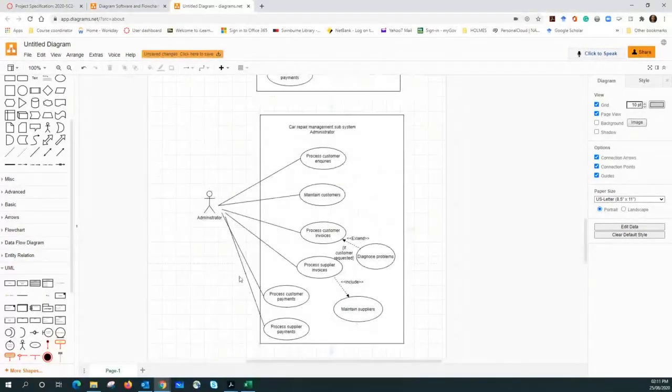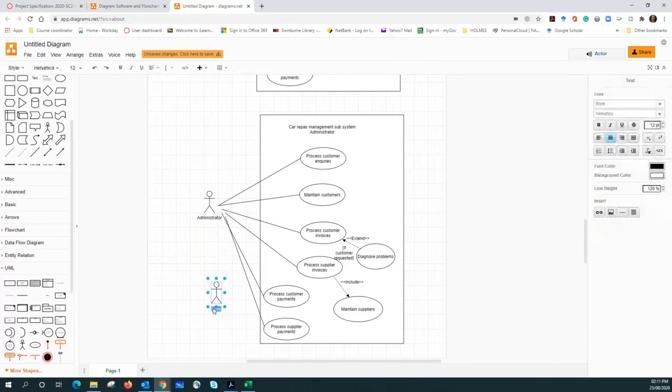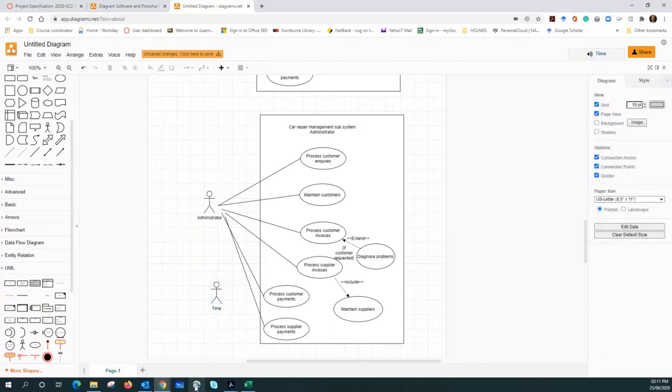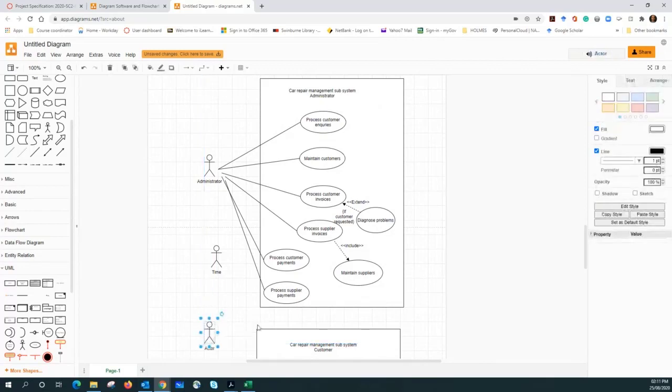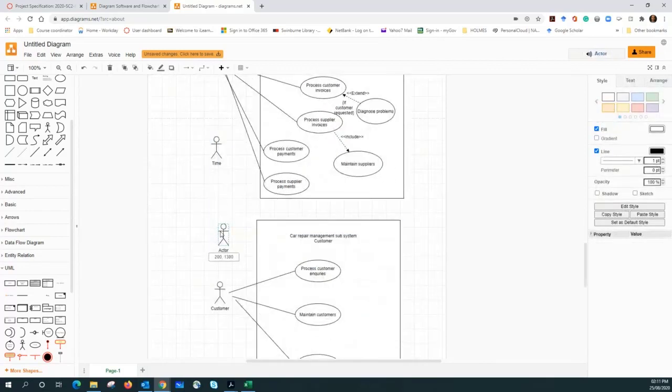And then make sure that if you have, for example, a time-based event, you can put it as a time, right? Or maybe you can have another subsystem, who knows, right? If you have another subsystem, maybe one of your colleagues is doing something, one use case may be done by another subsystem, right?